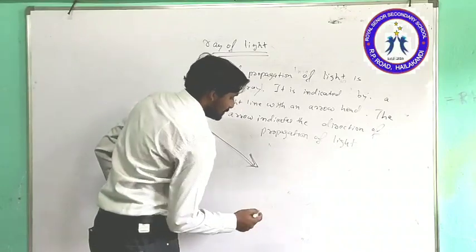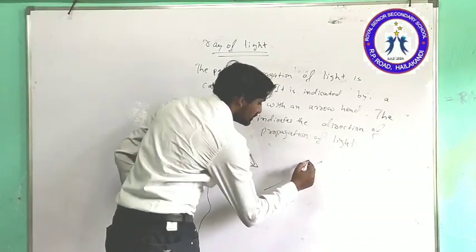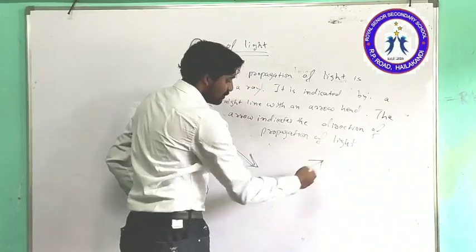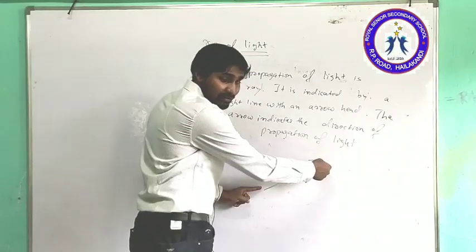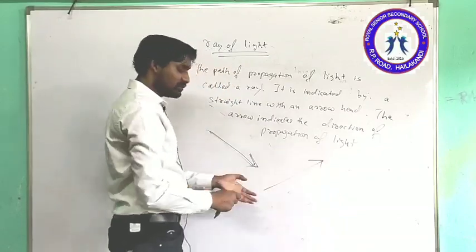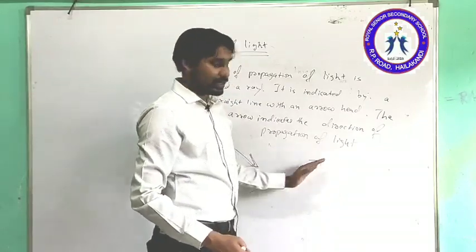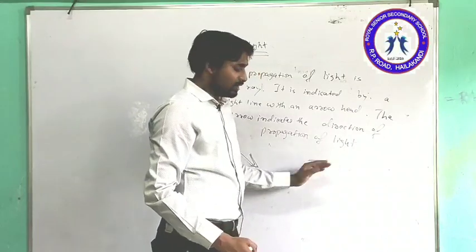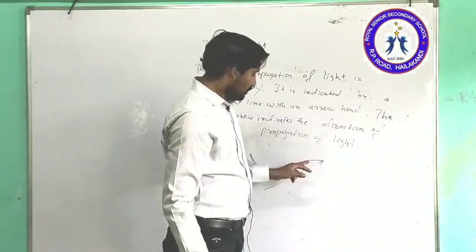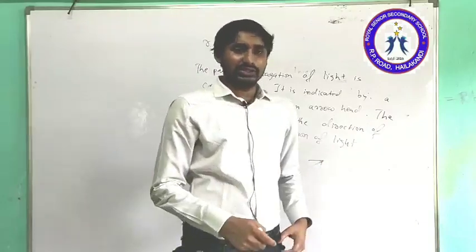A ray means nothing but the path of propagation of light, and the arrow will tell you in which direction it is going.